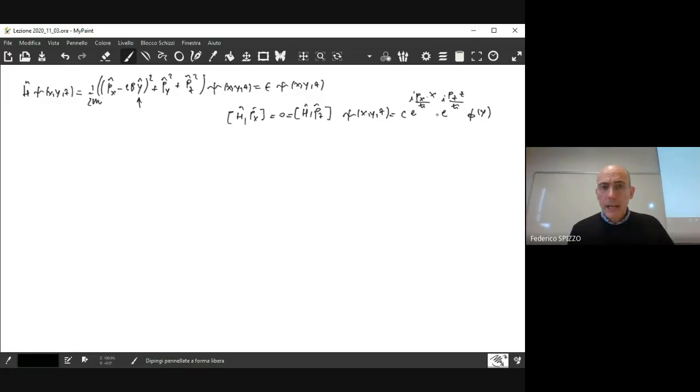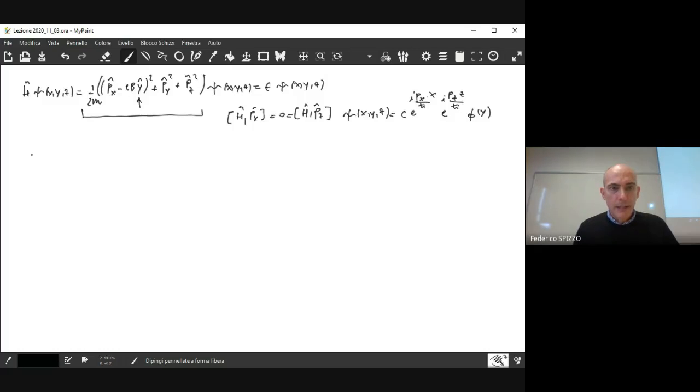So at this point, when we apply this Hamiltonian to this wave function, each time we apply the X operator or the Z operator, we have the corresponding X or Z value. So what we expect is that I will replace Px with the corresponding Px value, and I will replace Pz with the corresponding Pz value.